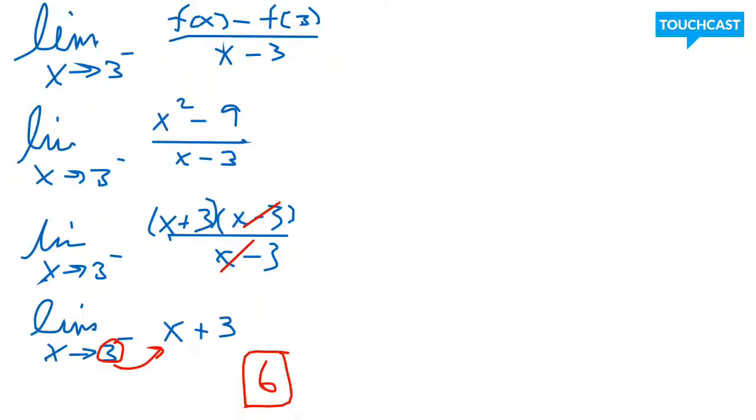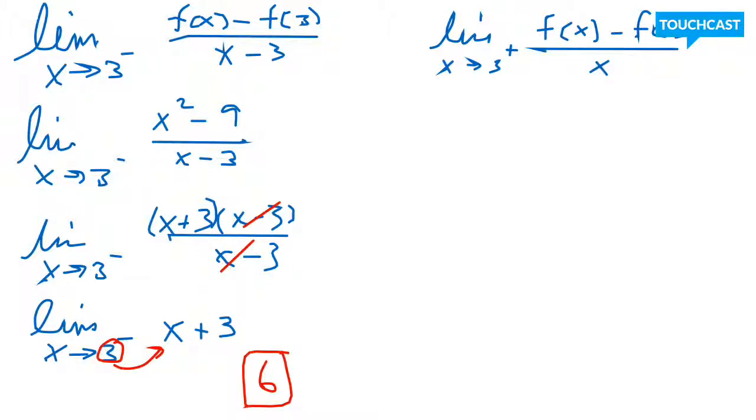Now from the other direction, I'm going to find the limit as x approaches 3 from the right of f of x minus f of 3 over x minus 3. And that's going to be the limit as x approaches 3 from the right of 6x minus 9 minus, what was f of 3?